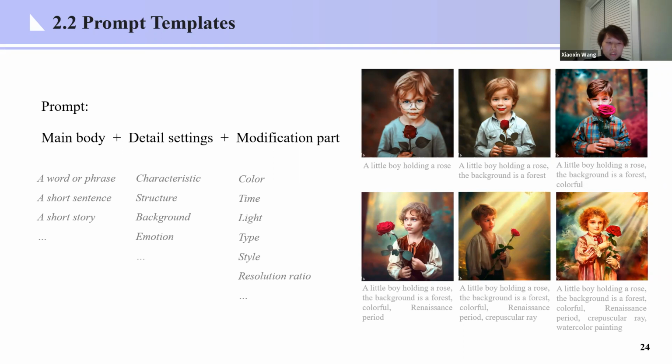All modifiers added outside the main body and the detail setting are considered as the modification part of the prompt template. Of course, DALL-E 2 has a strong creativity. Even if you only input a simple main part, sometimes it can still create a structurally complete image for you.